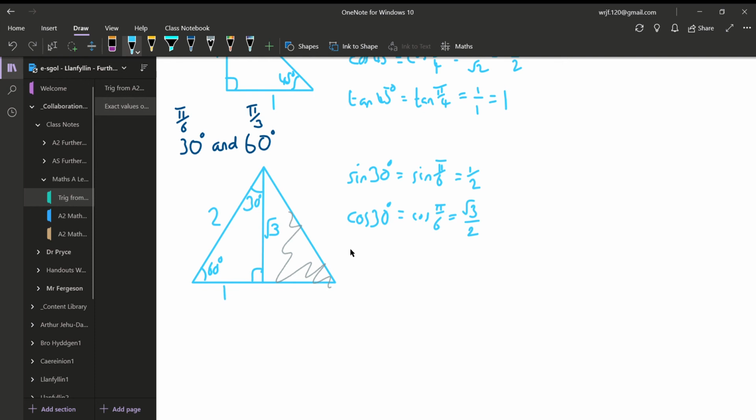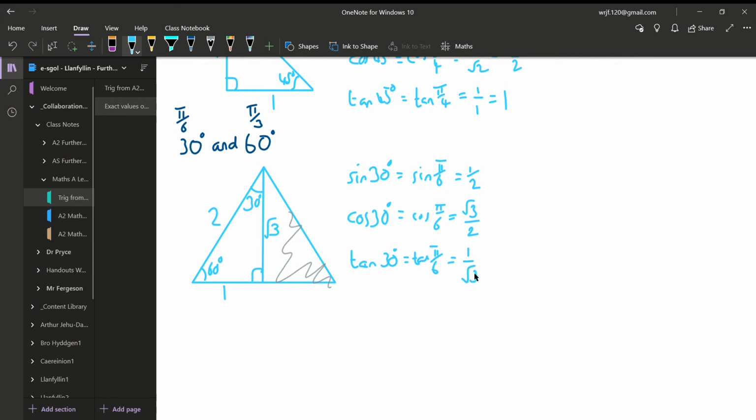And then we can have a look at the tan function. So we've got tan of 30 degrees, or tan of pi over 6 radians if you prefer. So here we're looking, with our focus on the 30 degrees, at opposite over adjacent. So 1 is our opposite side, root 3 is our adjacent side, 1 over root 3.